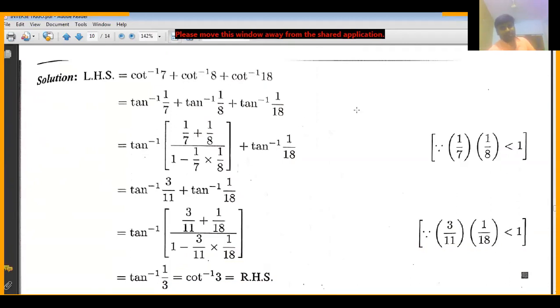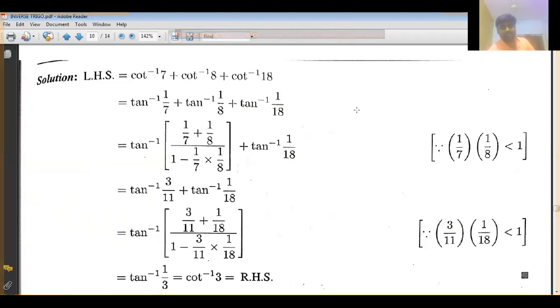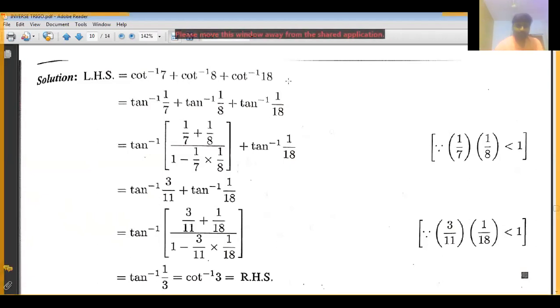Whenever you have cot inverse, we don't have any formula. That's why we have to convert cot inverse into tan inverse. Cot inverse of x means tan inverse of 1 by x. Cot inverse of 2 by 3 is tan inverse of 3 by 2. Cot inverse of 1 by 2 is tan inverse of 2. Like that, the reciprocal.